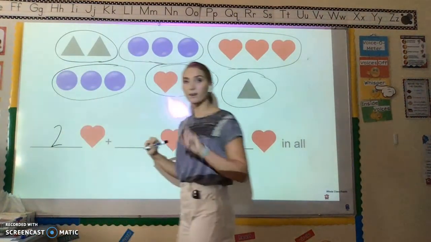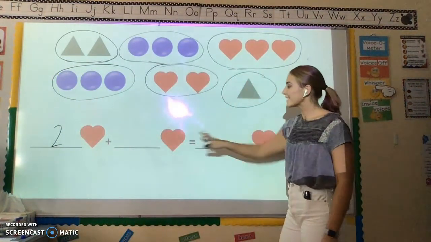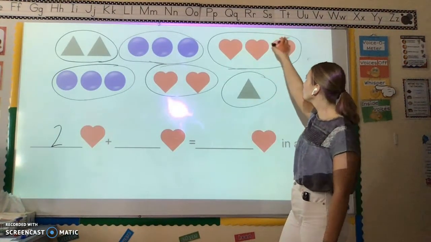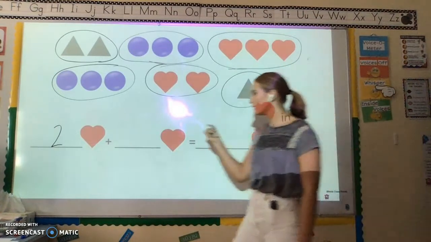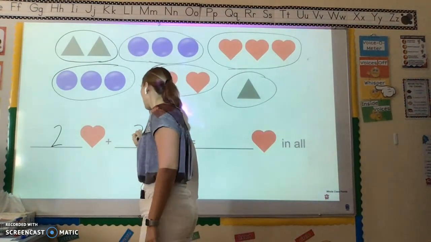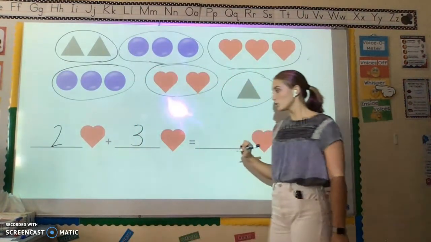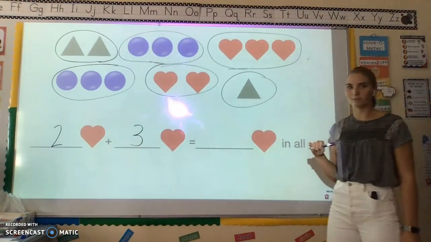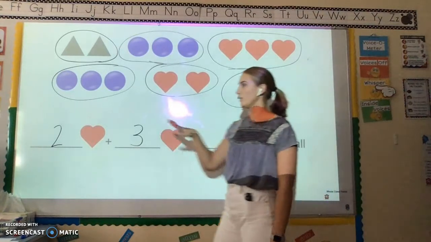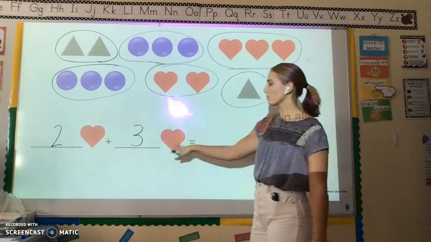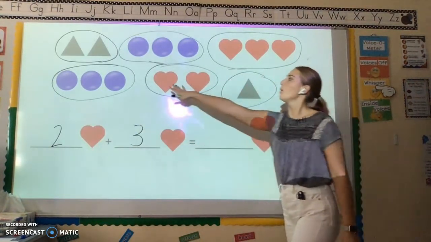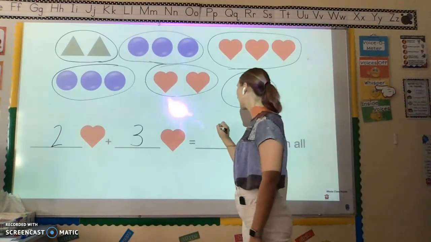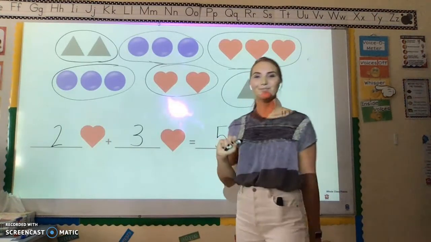My second group of hearts has 1, 2, 3 hearts. So how many hearts do I have in all? I have 2 hearts plus 3 hearts equals 1, 2, 3, 4, 5 hearts in all.